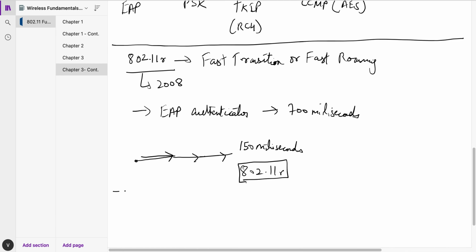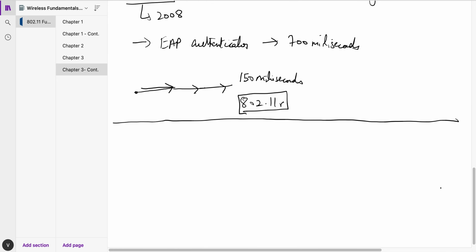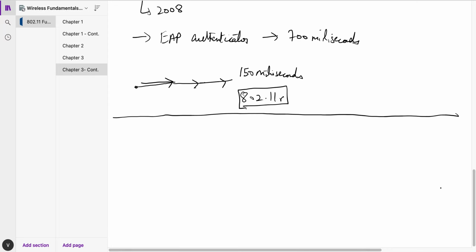That's .11r for you. This is again just in brief, because .11r is a huge standard. There are a lot of things that we can cover in .11r, but we will cover that in future videos.